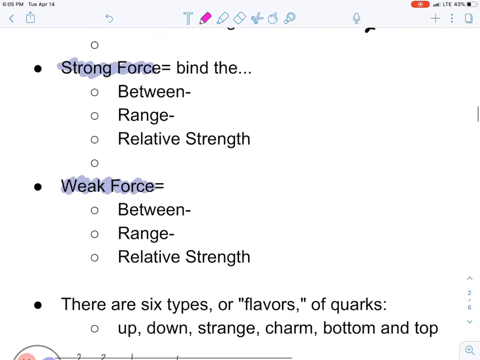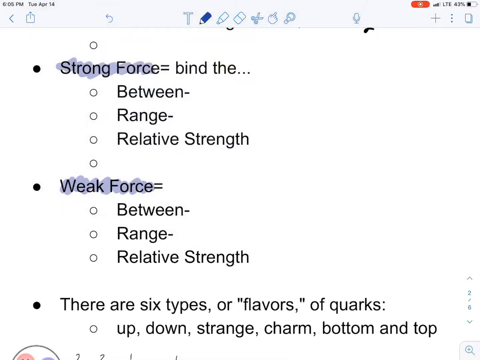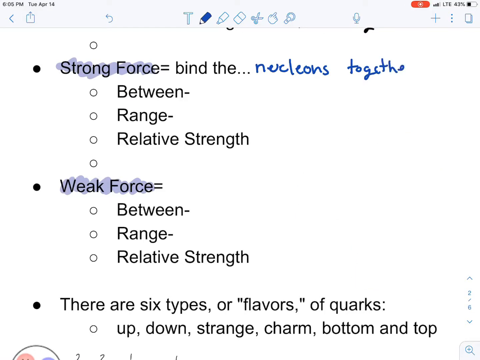Now, strong force is going to be the force that holds or binds the nucleons together. So it holds the protons, the neutrons, those things together. It holds the nucleus together.